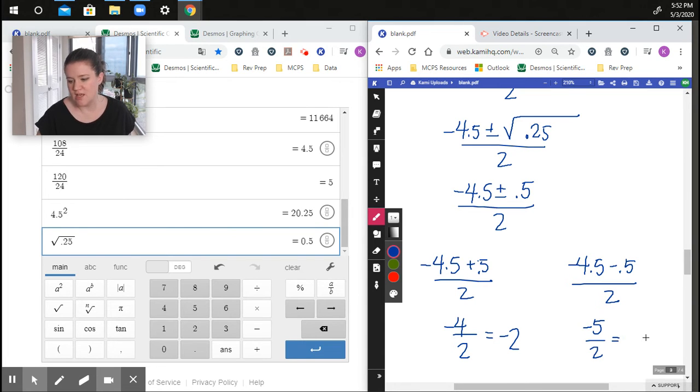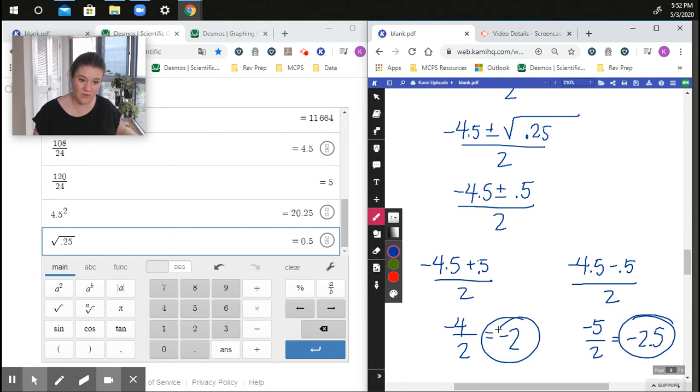Divided by 2 is negative 2.5. All right, so it doesn't look so terrible that way, right? As long as you divide everything by the same thing, you'll be good on both sides. And it's always better when it equals 0 on that side, because 0 divided by anything is still that number. So I can factor it out and it doesn't matter.